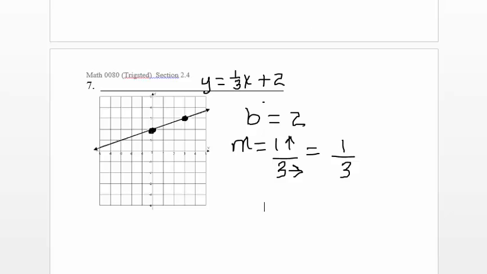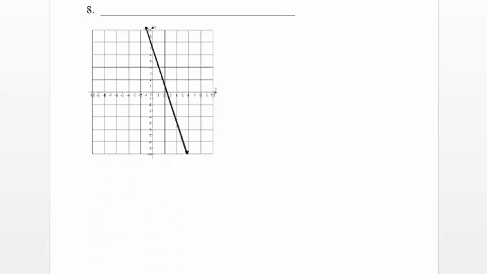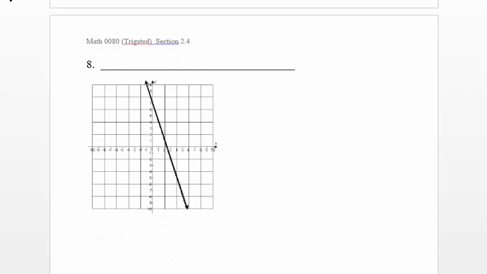Now, when I look at the next problem, I see that my y-intercept is 7. So b equals 7. From this 7, I move 1, 2, 3 units down.